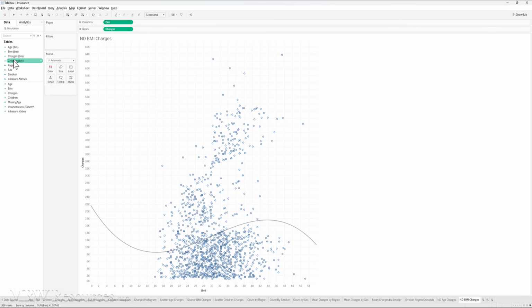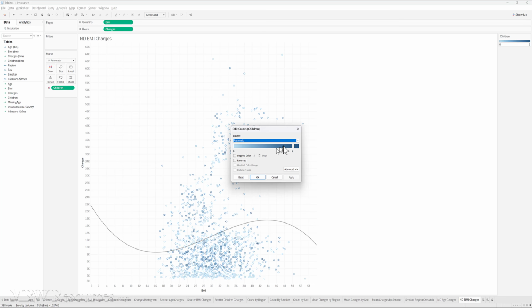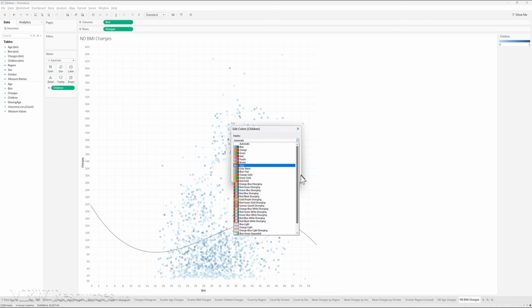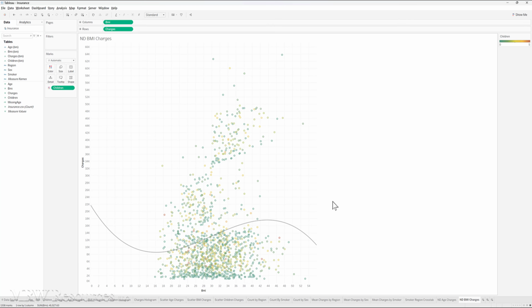All right, let's do children again, I guess. Change the colors again. We'll use that temperature again. Yeah, so again, I'm not seeing anything there, and there are fewer people that have more children.